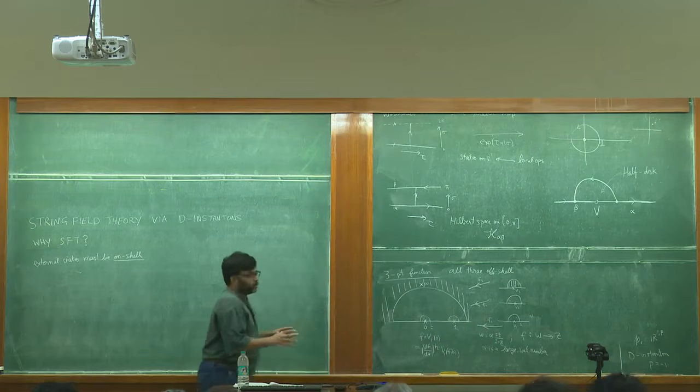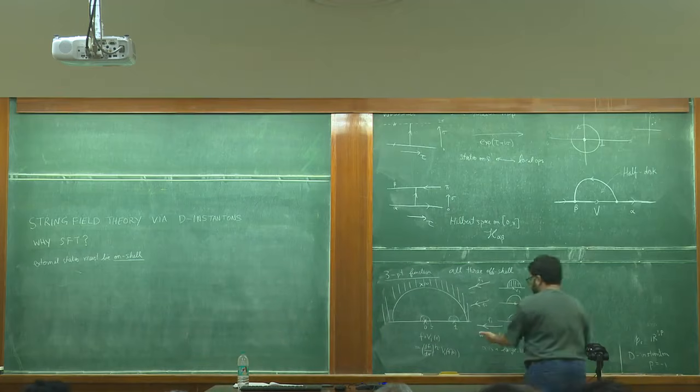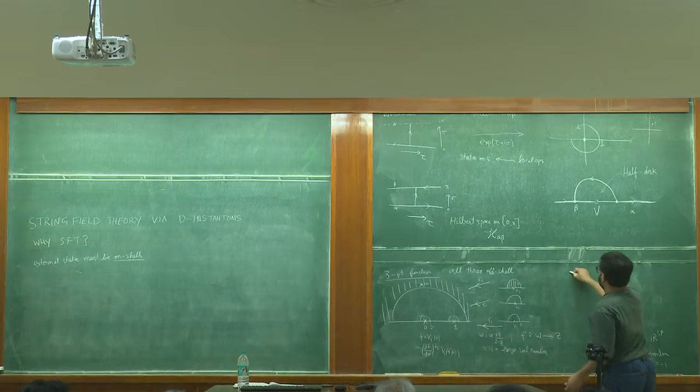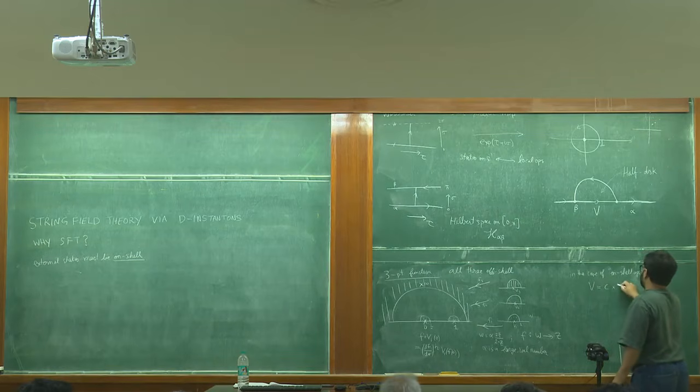So it's also important to realize what would have happened if these operators were BRST closed. So in the case of on-shell operators, V typically takes the form C times a matter operator of dimension 1.